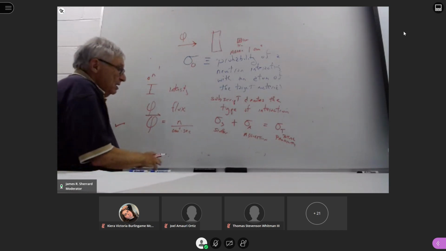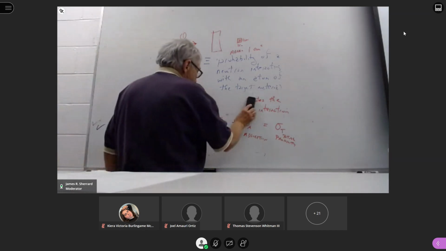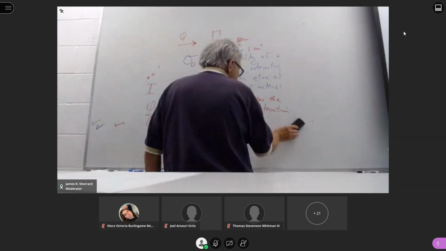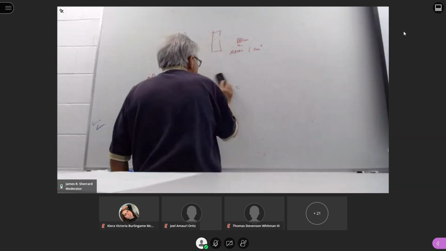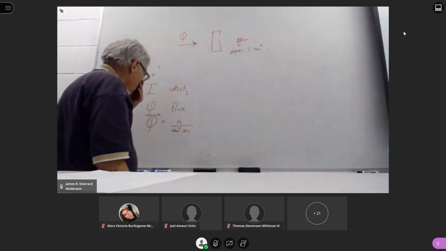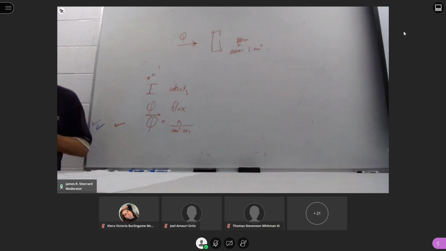All right. If we go back, your book has worked this with intensity, but we could just as easily do it with flux. So I'm going to do what the book has done, but I'm going to use flux instead of intensity.